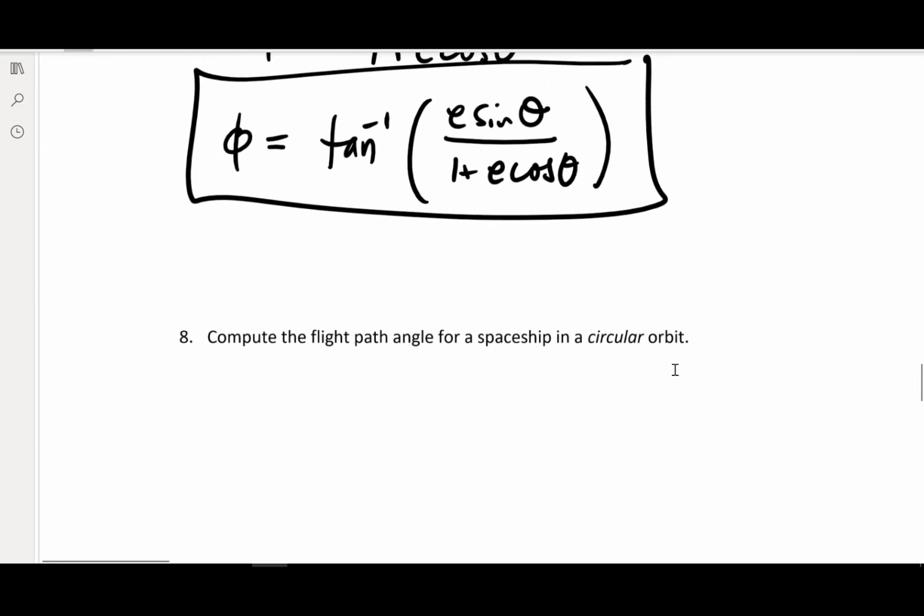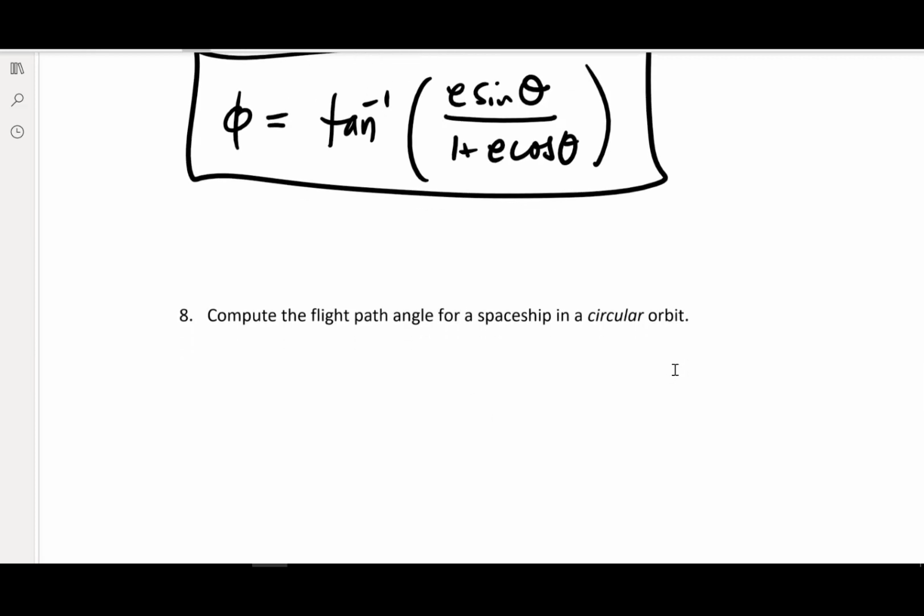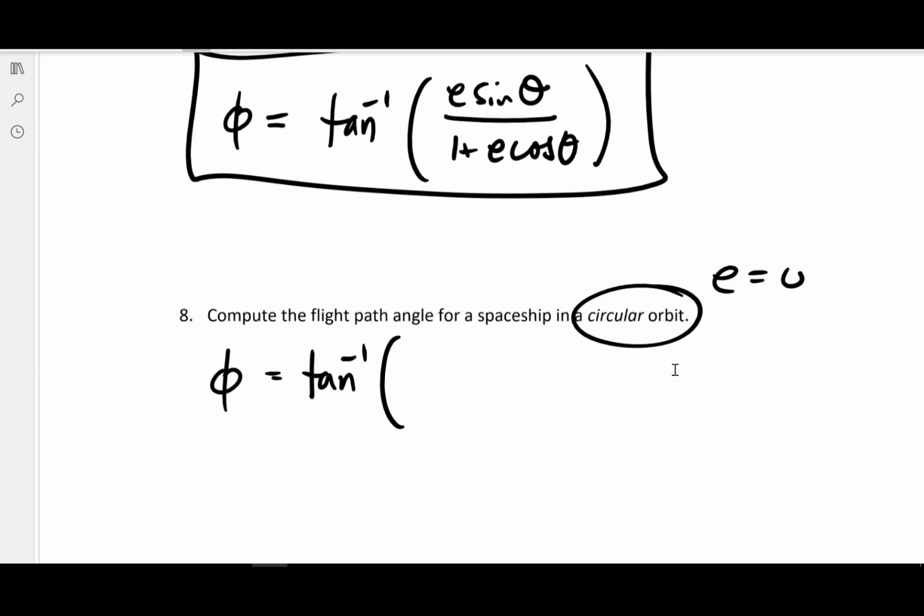So what if the orbit was circular? So then the eccentricity is 0, and so this simplifies pretty quick. We'll say tan inverse, if you have 0 eccentricity, so orbit circular means eccentricity is 0. So you're going to have 0 on top, 1 plus, that's 0 times whatever the cosine of the angle happens to be. So this is tan inverse of 0, and that's 0 degrees.